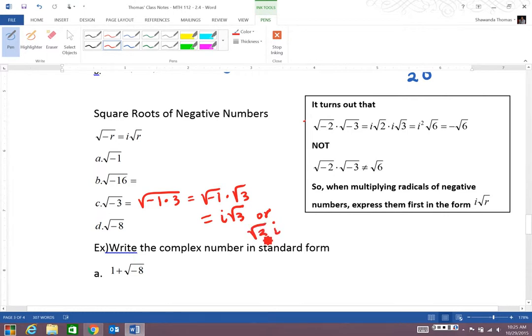But please don't mistake that: the i is not under the radical, right? So that's why I prefer writing it this way, i radical 3, instead of the square root of 3i, because sometimes you make a mistake and put that i under the radical, and that's not the same. So make sure you space between the square root of 3 and i.